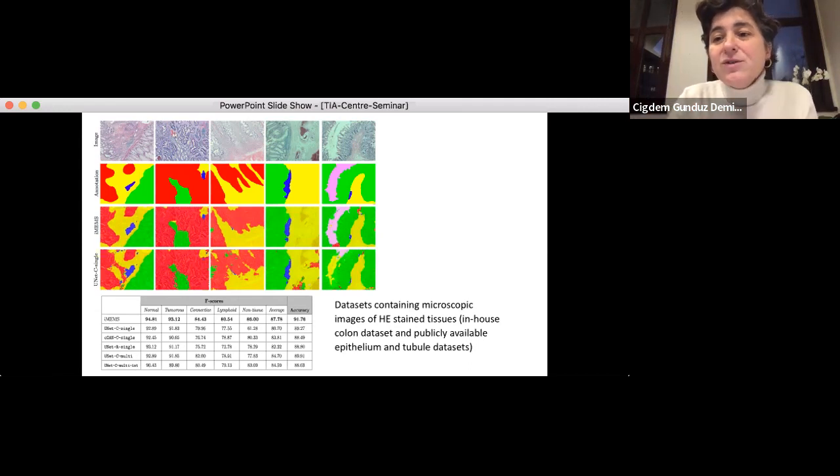It depends on the application. But when you put these two information into the same map, we observe that we obtain better results. So if the details of the regions are important to you, most probably you may want to use such an approach.